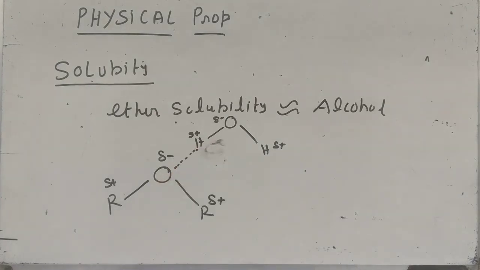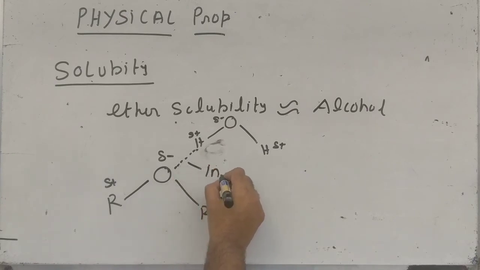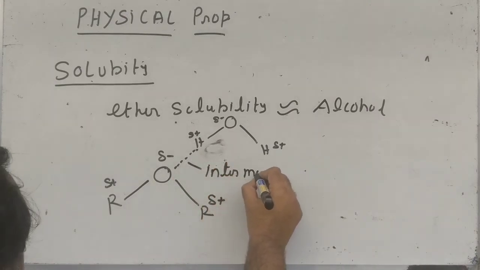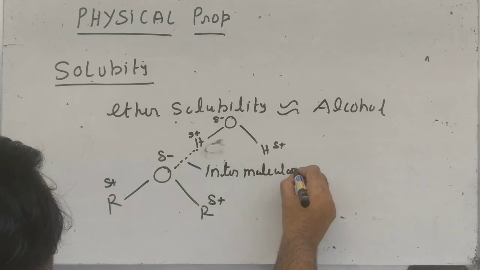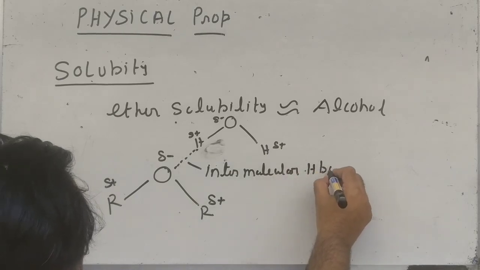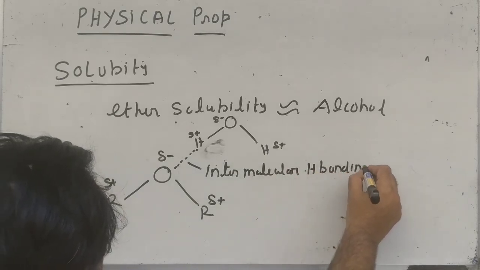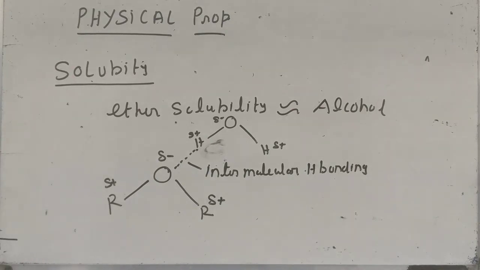Due to the formation of intermolecular hydrogen bonding with water, they are as soluble in water as alcohol. Their solubility in water is the same as that of alcohols. And as in alcohols, with an increase in the number of carbon atoms, the water solubility will decrease.